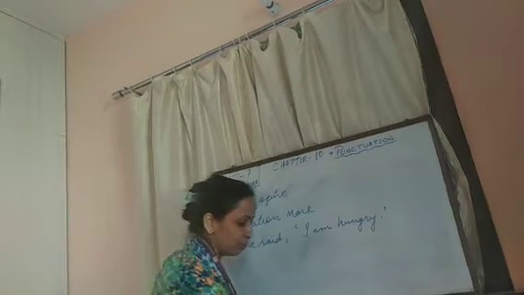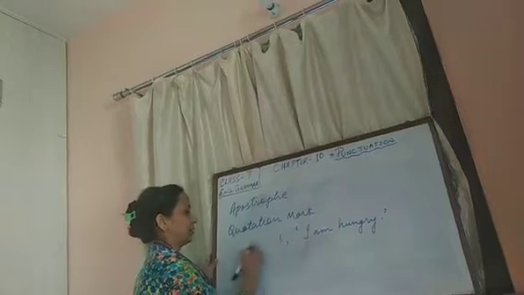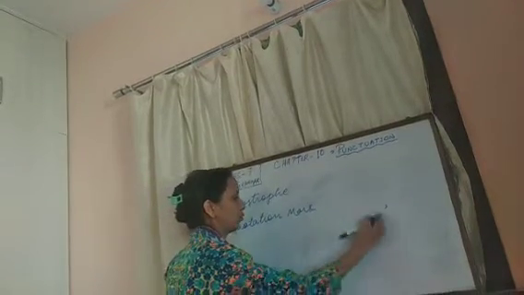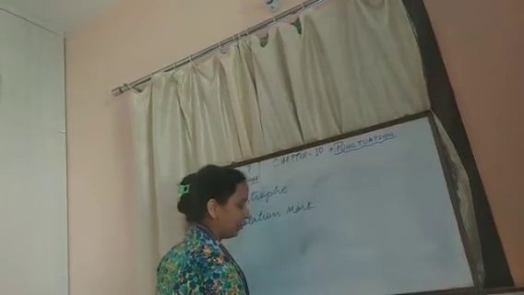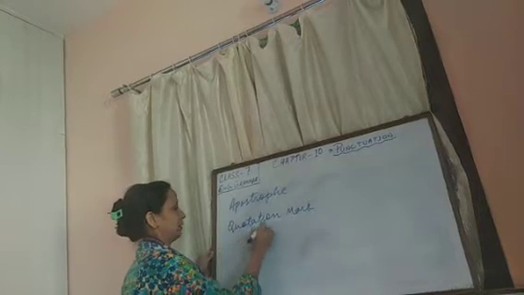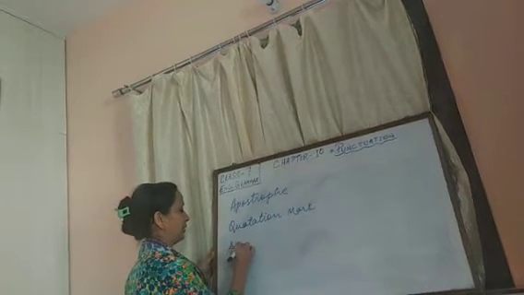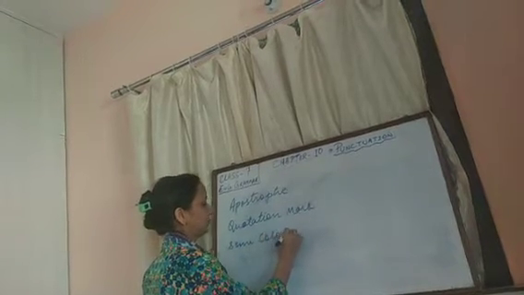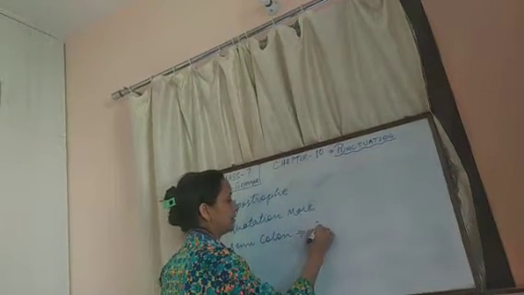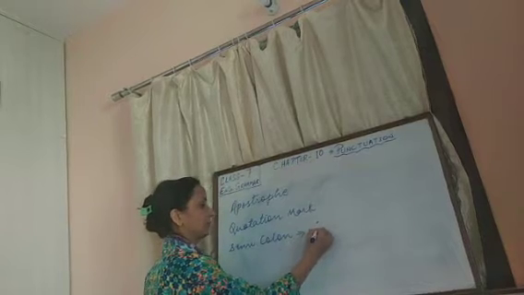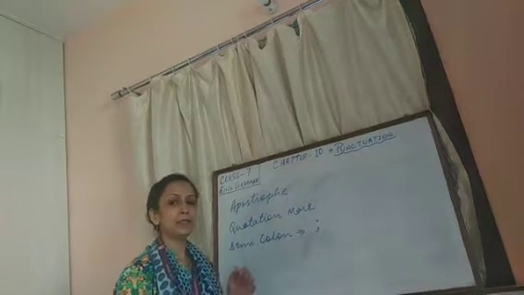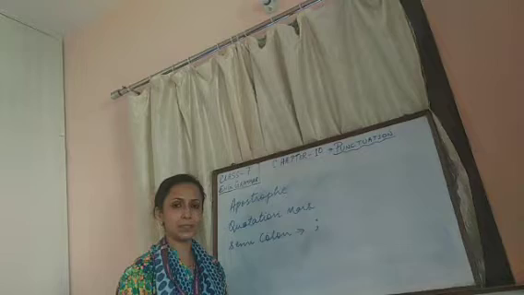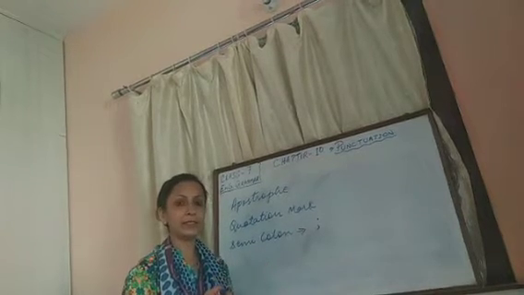Next we have semicolons. Let us see what is the use of semicolon. The sign is like this. It is used when two independent clauses are written but they are connected with each other.